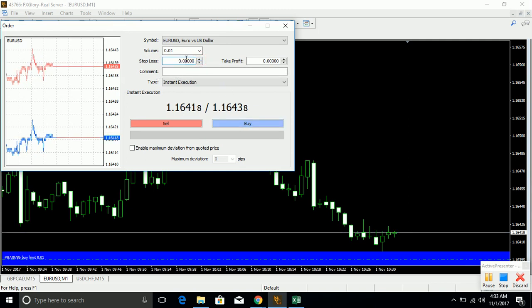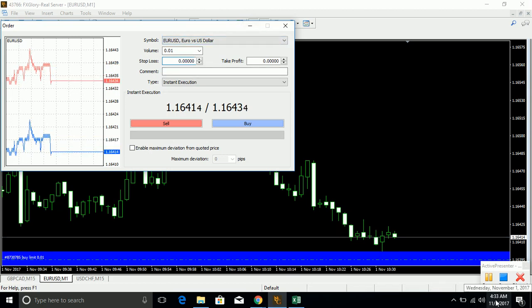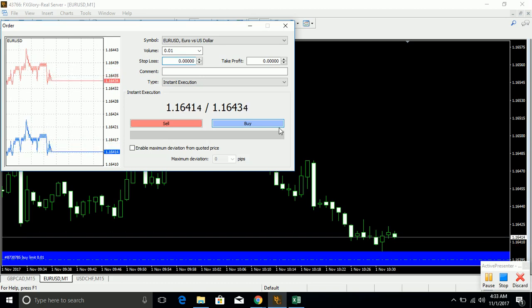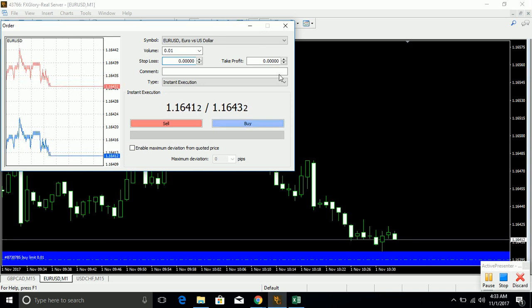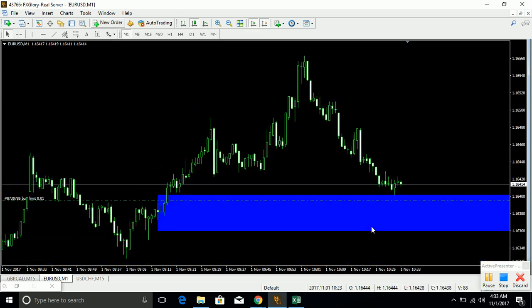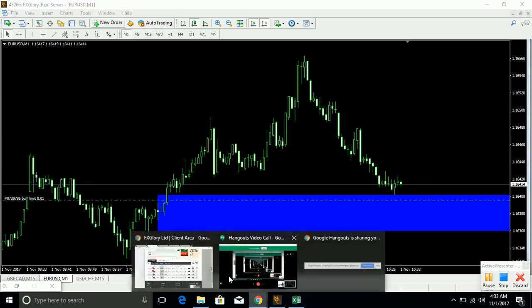Now, I am going to wait for 4:45 to enter this next buy position on this Euro USD. Either going to wait for 4:45 or wait for this buy limit to be activated. Okay.